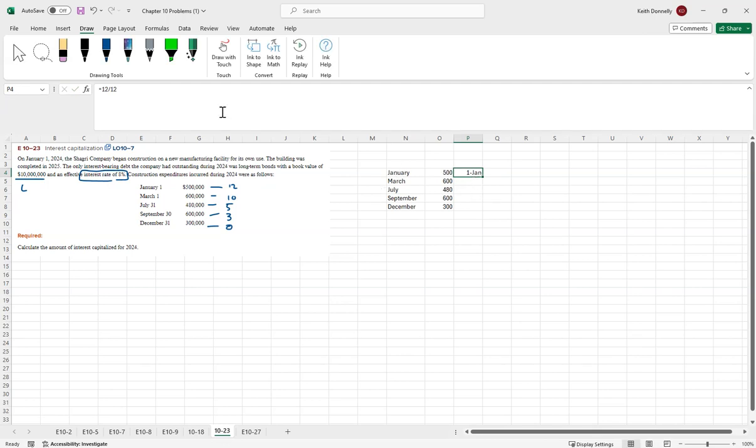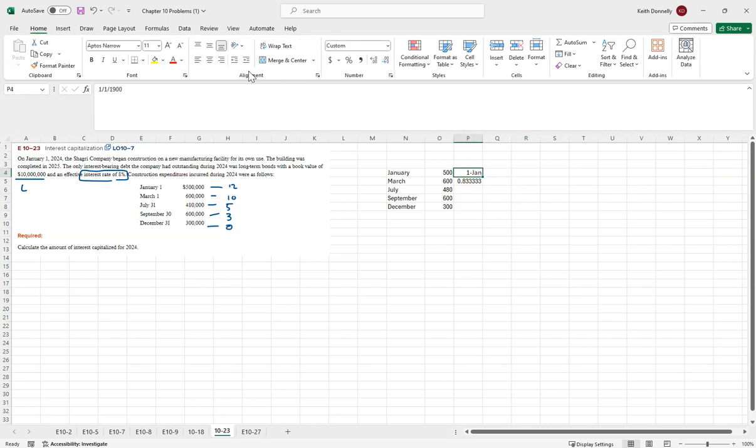No, I don't want that. I want 1. I think because it's formatted for date, it's doing this. So let me do here, 12 equals 10 divided by 12. Okay, we got it there. And so this one's 1.